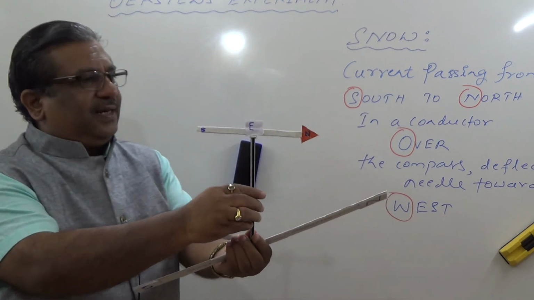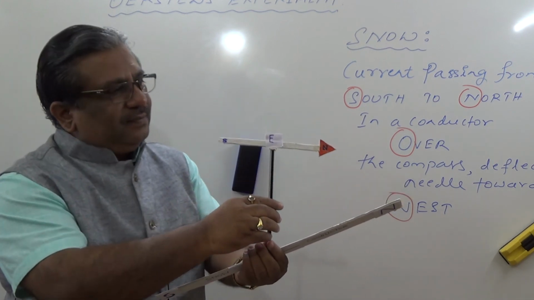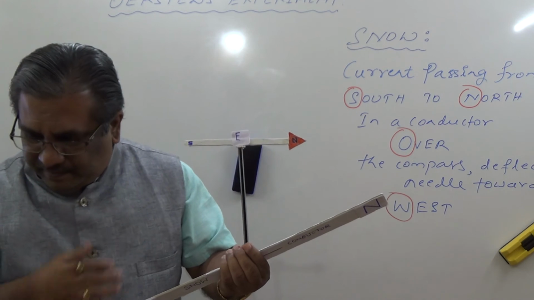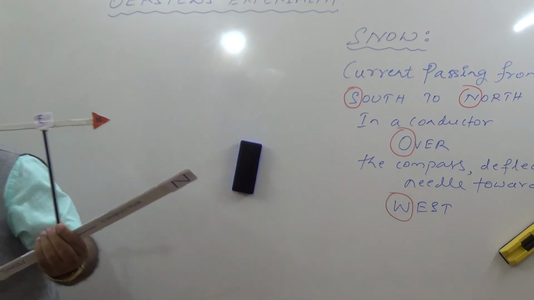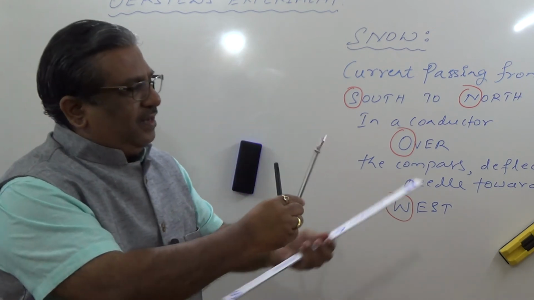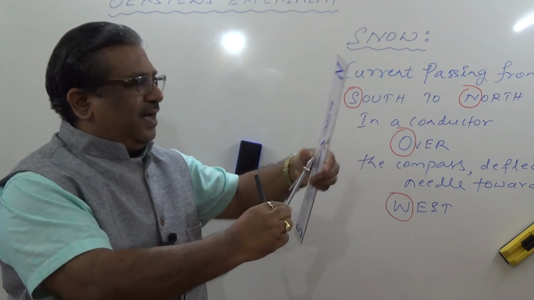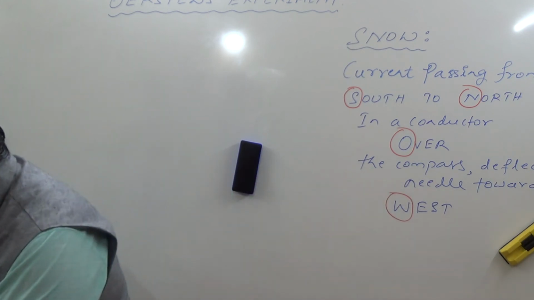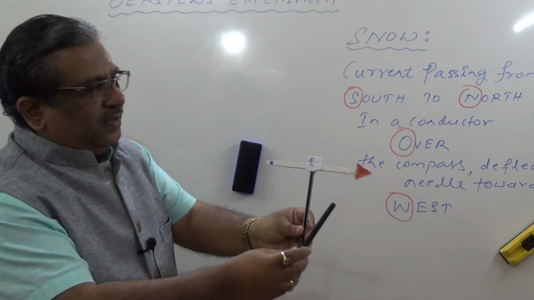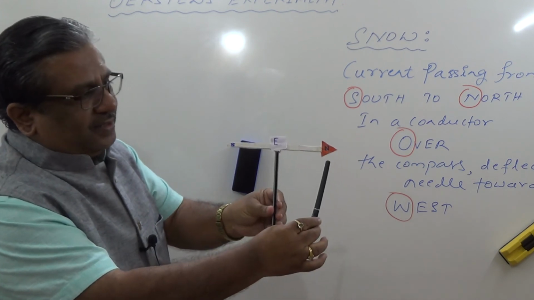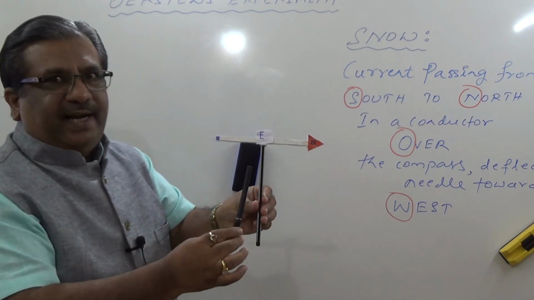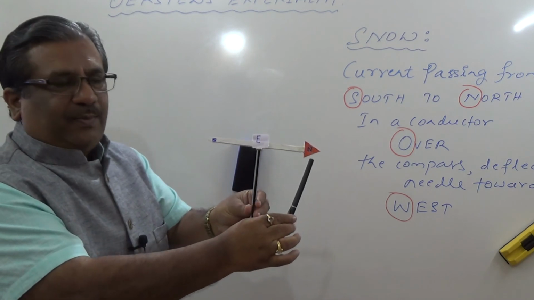Here I hope you can clearly see. Is it perpendicular? Let me make it perpendicular once again. See here, the red part is the pointer of the needle, which is a north pole.